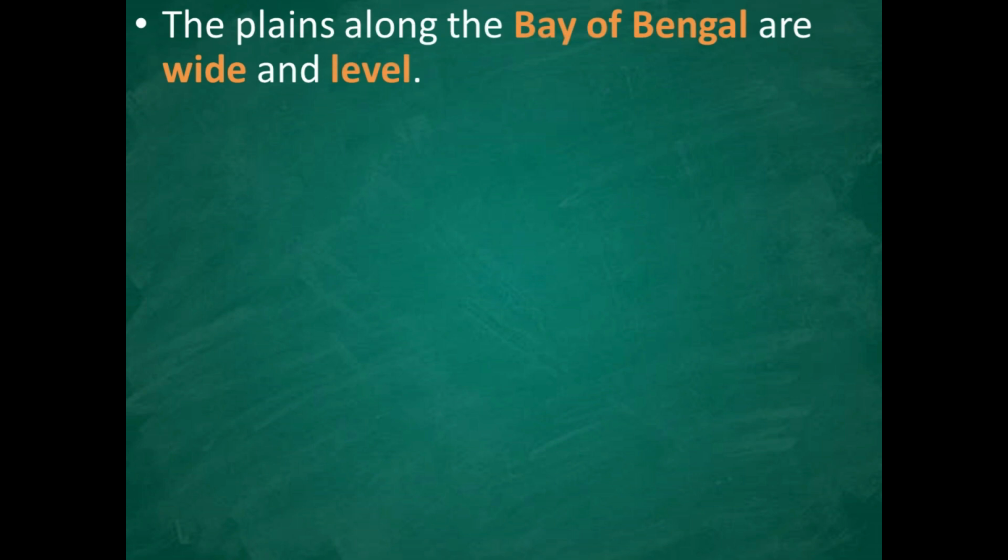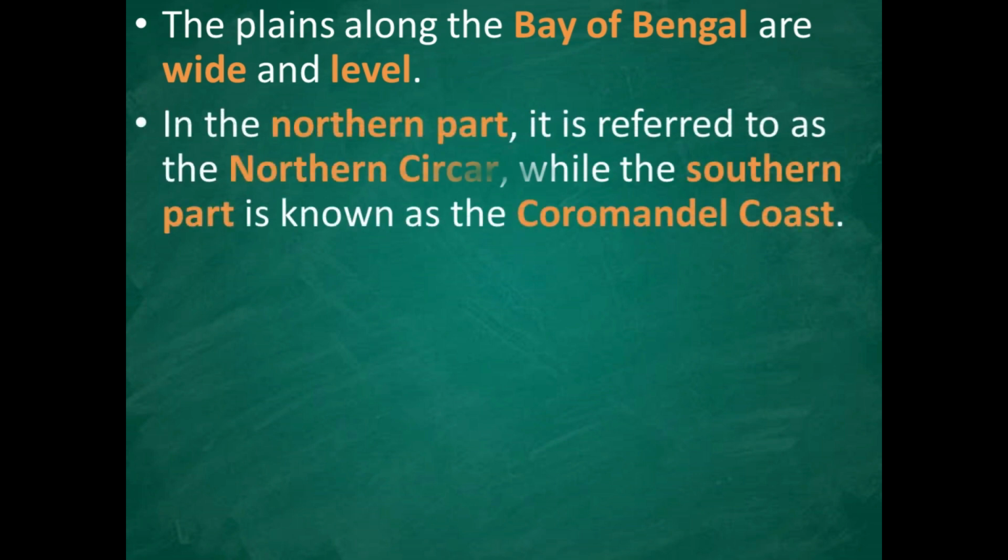The plains along the Bay of Bengal are wide and level. In the northern part, it is referred to as the Northern Circars, while the southern part is known as the Coromandel coast.